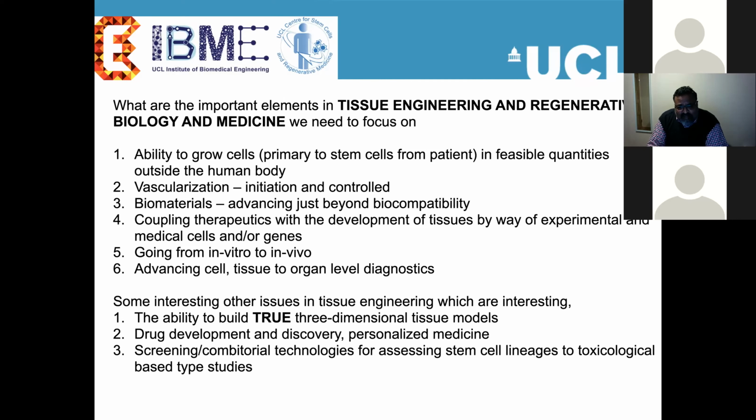Nonetheless, as I said, we would make tissues in Petri dishes to start testing drugs and so on to understand side effects. So in vitro is also important. And there are various other applications that you can create from this, to discover drugs and screening mechanisms and so on for toxicology studies and all that.